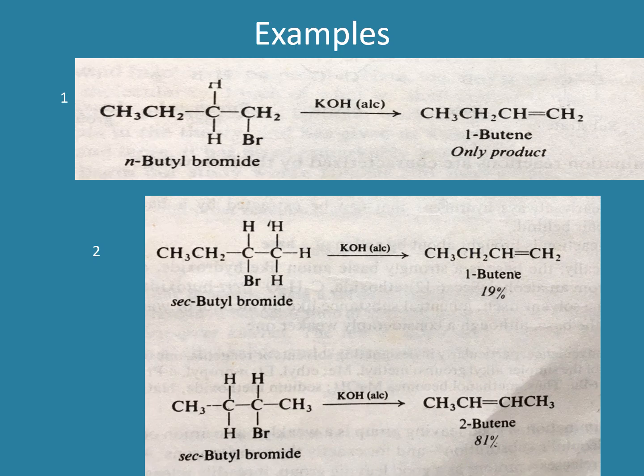If you see the structure, you will come to know how this reaction is occurring. Since in this structure 2 beta carbon atoms are there, there are 2 possibilities for the formation of butene. Either it will be 1-butene or it will be 2-butene.